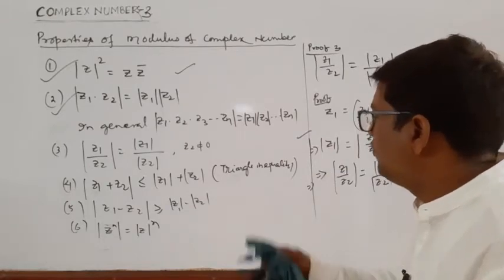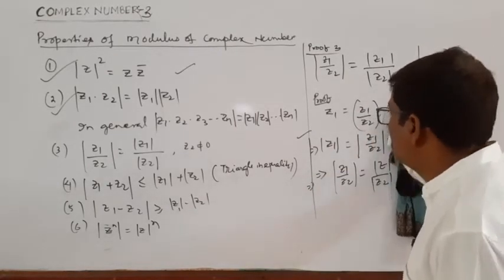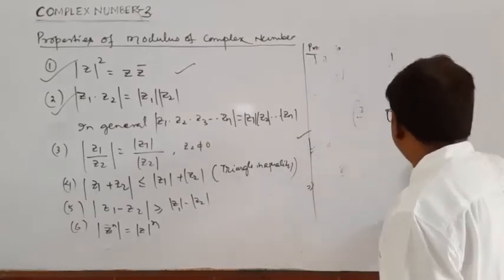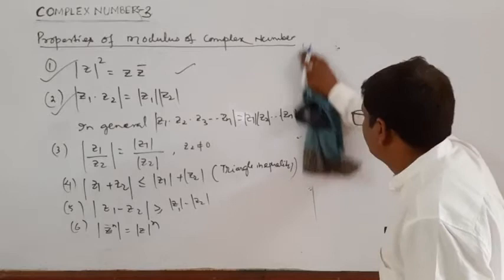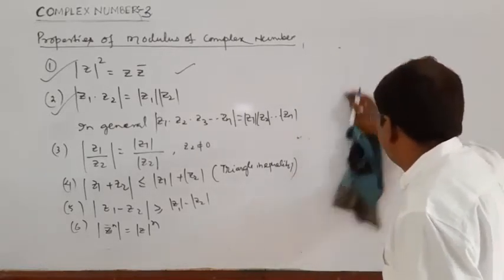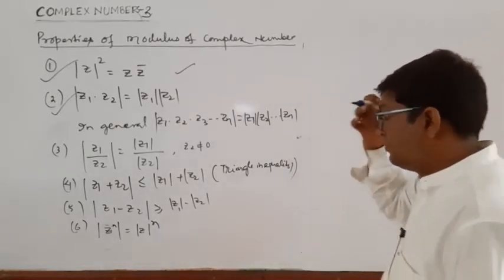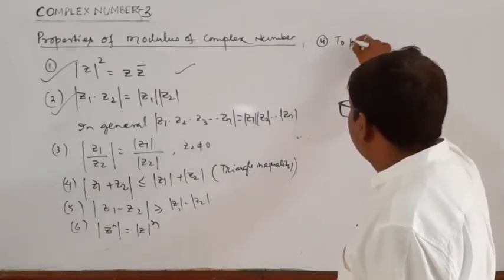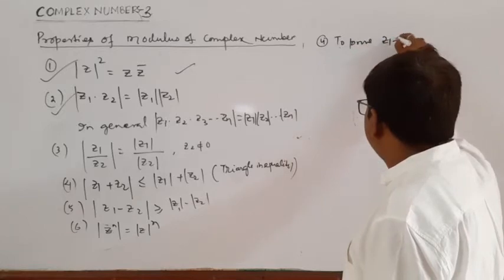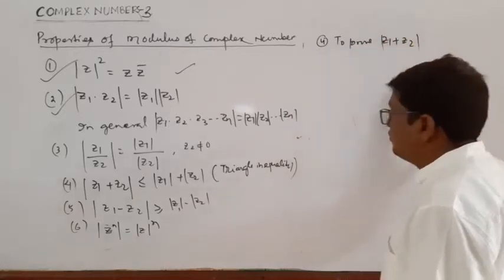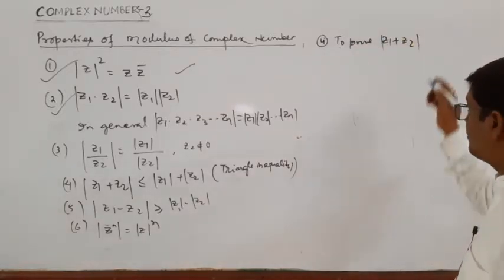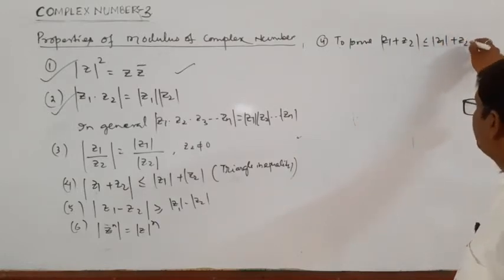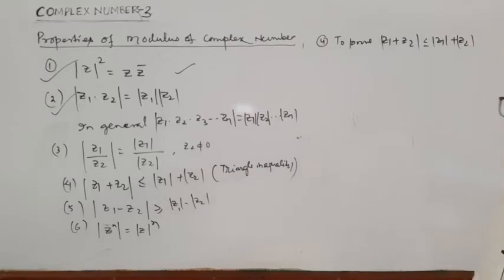Now property number 4, triangle inequality. To prove: mod of z1 plus z2 is less than or equal to mod z1 plus mod z2.